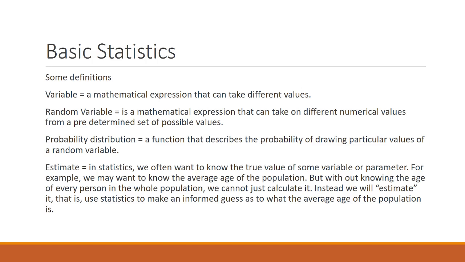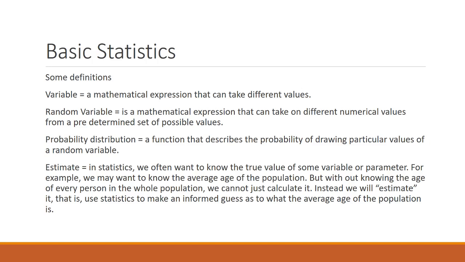I'm concerned about a distribution where all the income is being held by a very small number of people, and very little income is being held by most of the people in the population. But you could imagine a different distribution of income, one that is more even, where the richest people have only a little bit more income than the poorest people. This would be a very even distribution of income. So a probability distribution gives us the probability of having different values of a random variable. We'll make this a little bit more concrete in a moment.